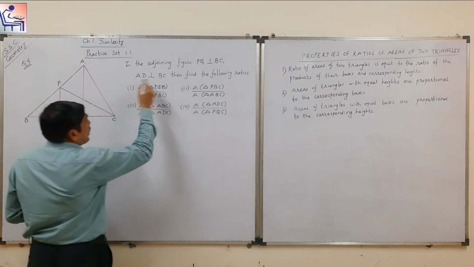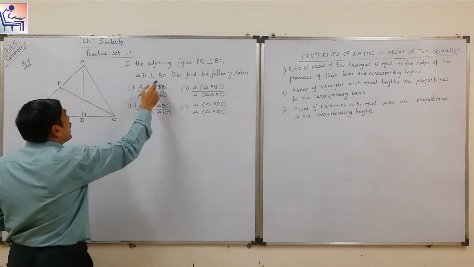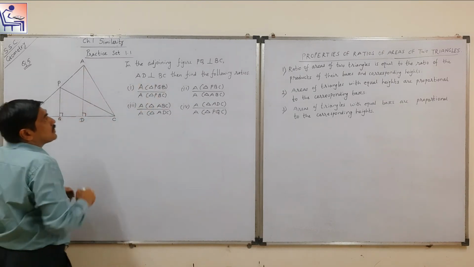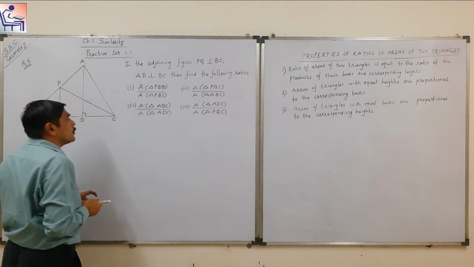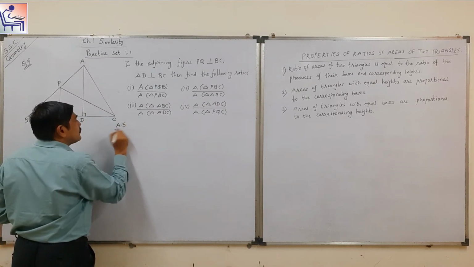In the adjoining figure, PQ is perpendicular to BC and AD is perpendicular to BC, then find the following ratios. Here some ratios we have to find out.